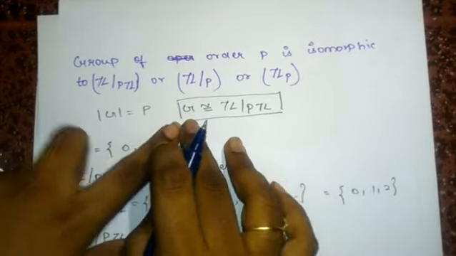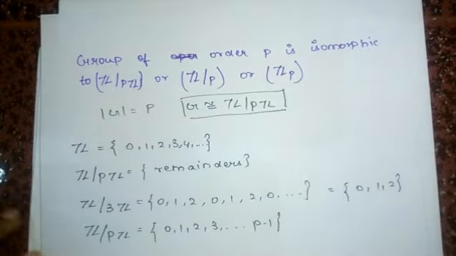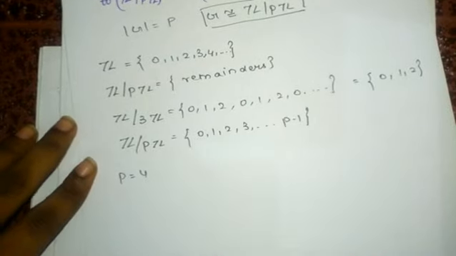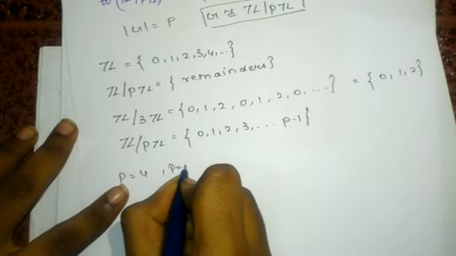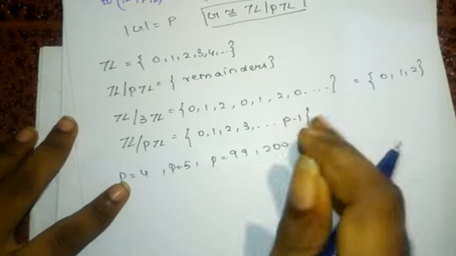Okay friends, now instead of doing this as a generalization for P, I'll make it a shortcut and do it when P is equal to 4. You can also do it for P equal to 5, or 99, or even 200. You will get the same.